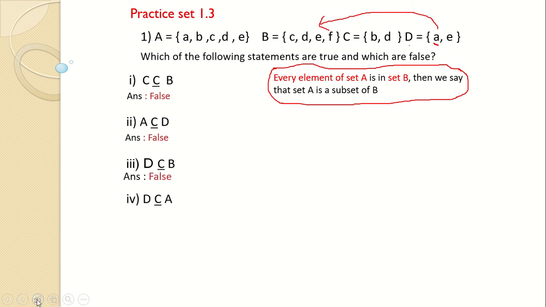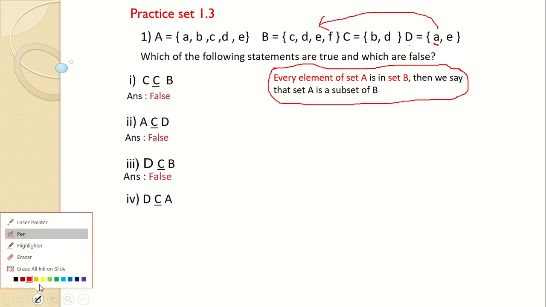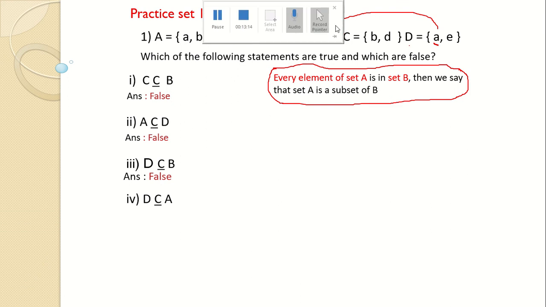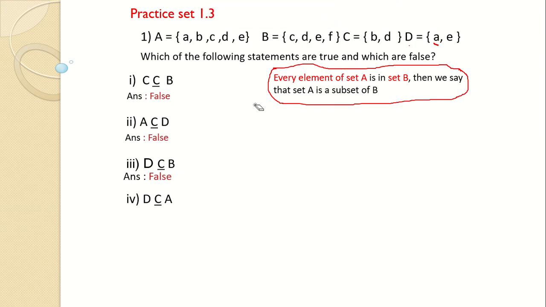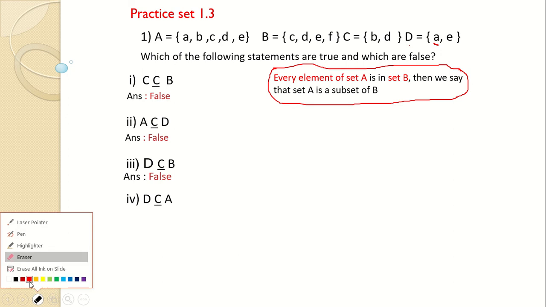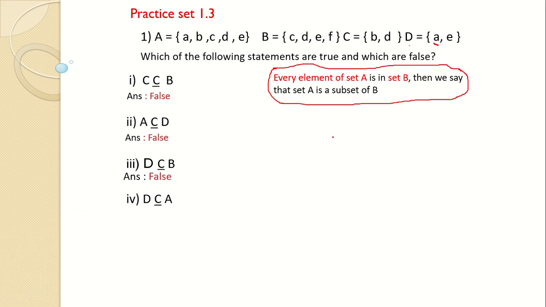Next, D is subset of A. Look at set D. Is D a subset of A? Element A is here, element A is here.